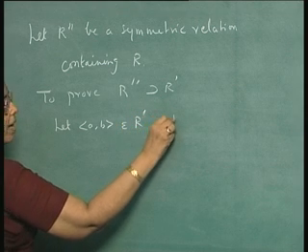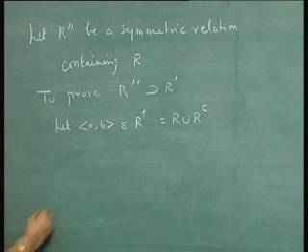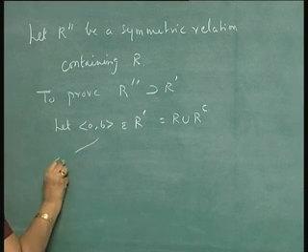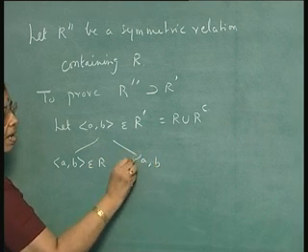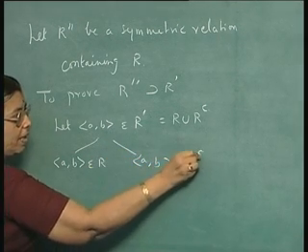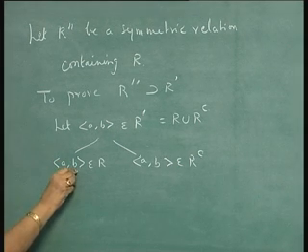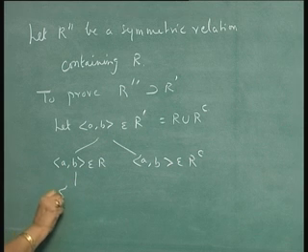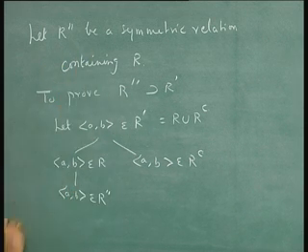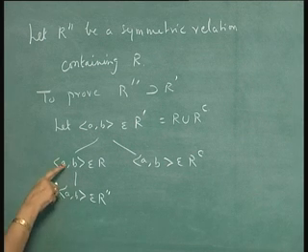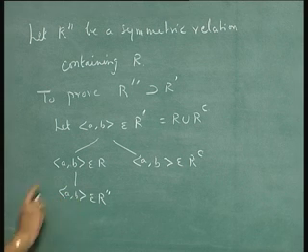What is R dash? R dash is R union RC. So, if AB belongs to R dash, there are two possibilities. AB belongs to R, or AB belongs to RC. Now, R2 dash contains R. So, AB belongs to R means AB will belong to R2 dash, because R2 dash is a symmetric relation containing R. So, AB belongs to R2 dash.